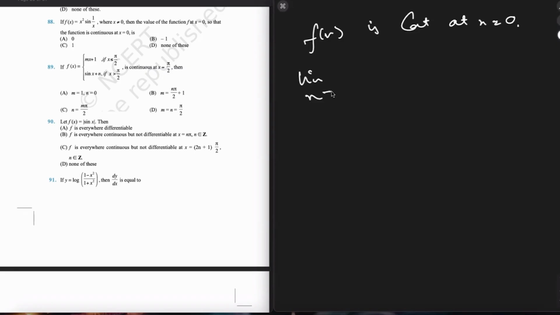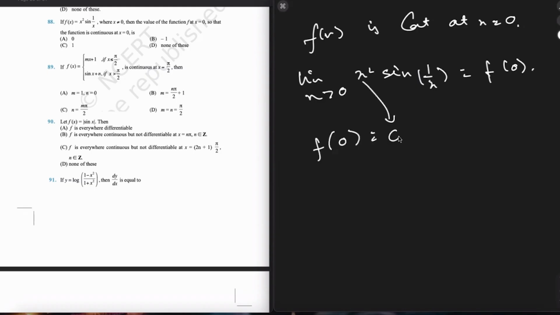Limit x tends to 0 of x square sin 1 upon x should be f(0). So this will be 0 times an oscillating function from minus 1 to 1, which does not matter since 0 is multiplied. The answer is coming out to be 0. So the function value is 0.